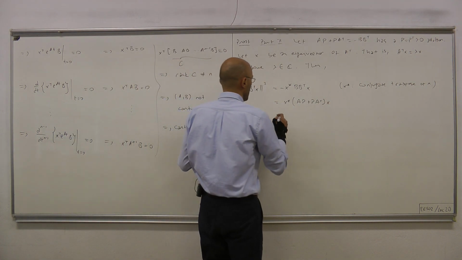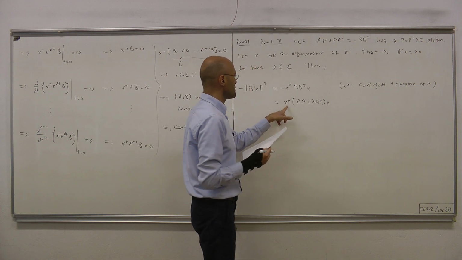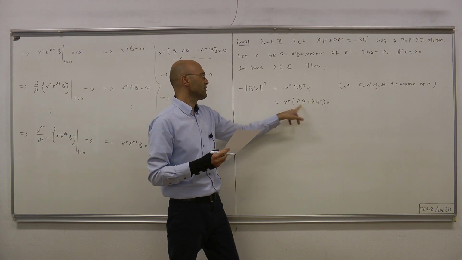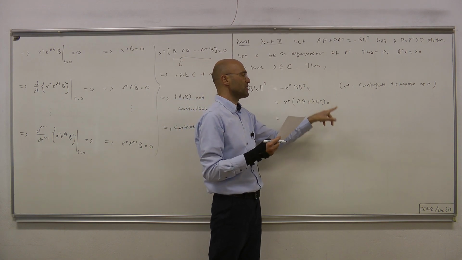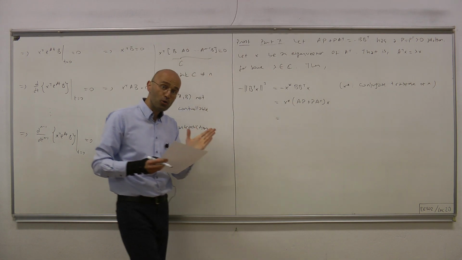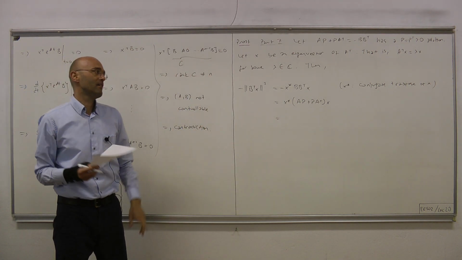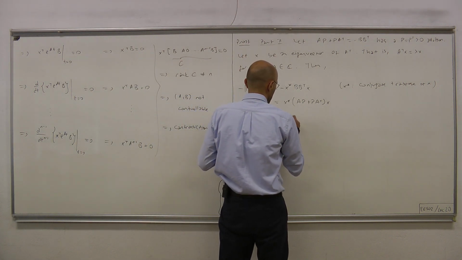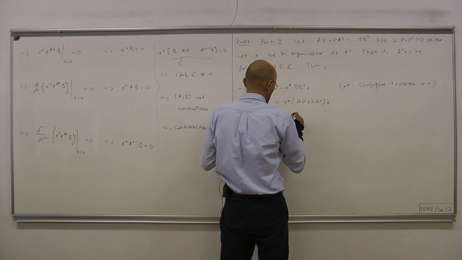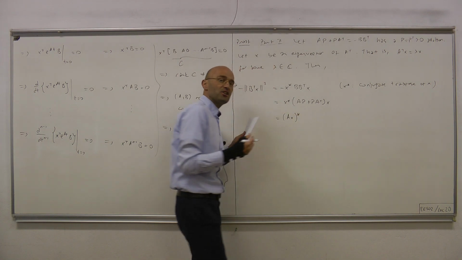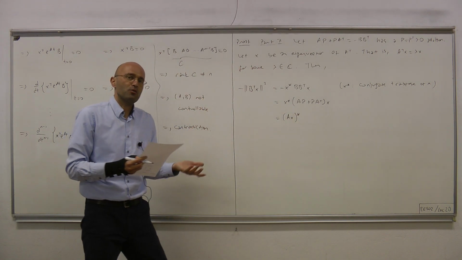And that reads what? X conjugate transpose A P X, and then here we have X conjugate transpose P A^T X. Now X conjugate transpose A can be written as A conjugate transpose times X, and then you take the conjugate transpose once again. But since A is real, its conjugate transpose and its transpose are the same thing.